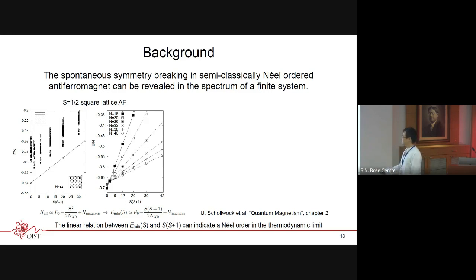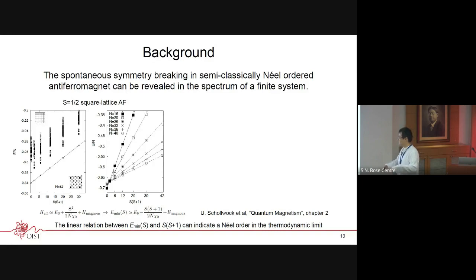Actually, this is the ED Lanczos calculation result. You can see here the lowest energy value at each spin sector, and these data are on a straight line. You can also see the size dependence of the straight line: the slope decreases with increasing system size.